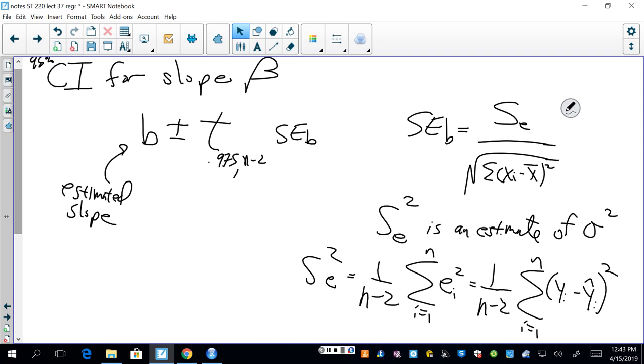And then the standard error of b, why do we have this? Well, it works out algebraically that that's what it is. But what does that end up telling you? When do you know a slope really well? If you have a bunch of points and they're all at the same x, you might know the response at that point pretty well, but how's it changing? If the x's are spread out, you see that change over a long distance.